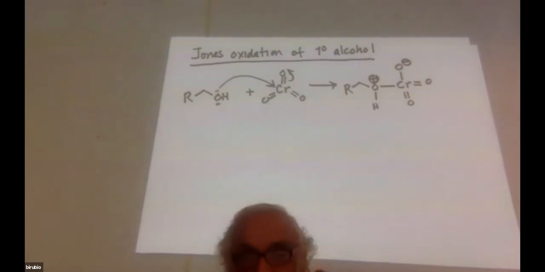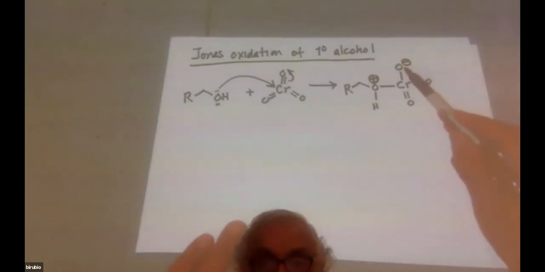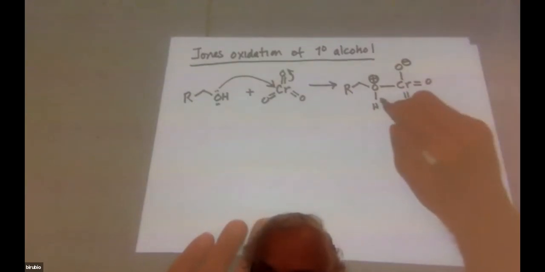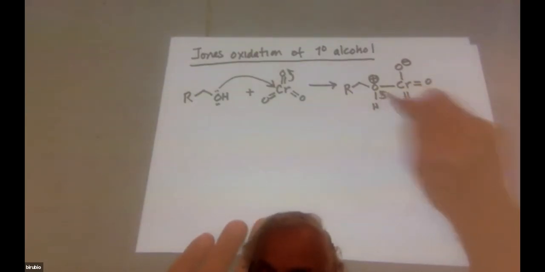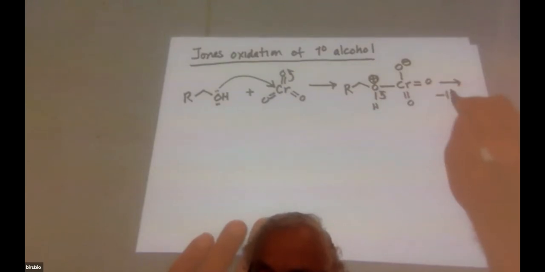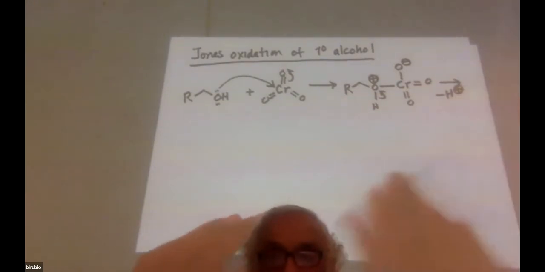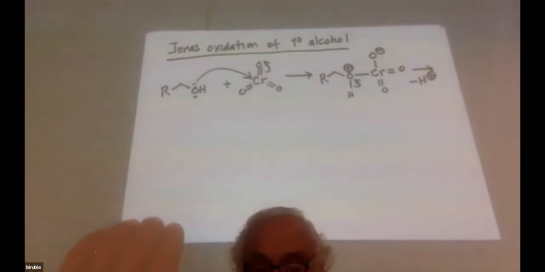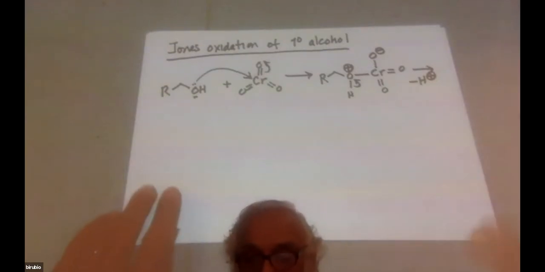So we have a base in the solution, and that base is water, or also the alcohol could function as a base. Or maybe this O- here of another molecule could function as a base. So now what we see here is a deprotonation, right? I'm picturing this proton just falling off of its own accord, but that's not what happens. A base comes along and removes that proton, but it could be water, it could be another molecule of alcohol, it could be a lot of stuff. So we're just picturing that proton is falling off.